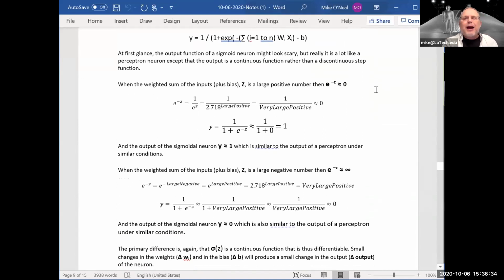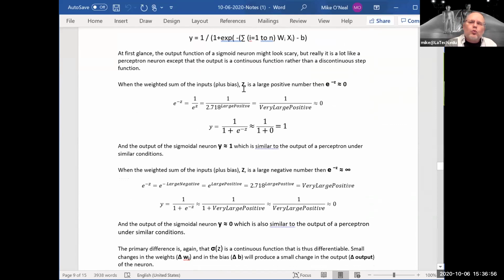We can see mathematically that what I'm claiming here is true, that the sigmoid behaves a lot like the step function. Let's think about this in a couple of different ways.